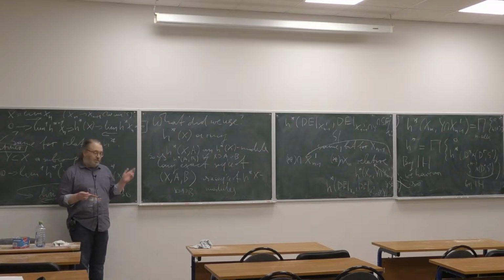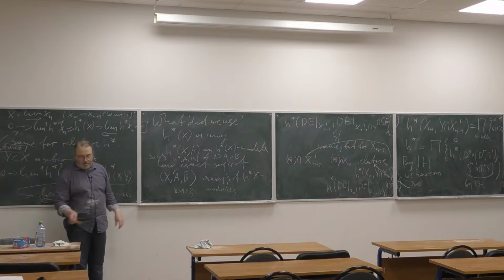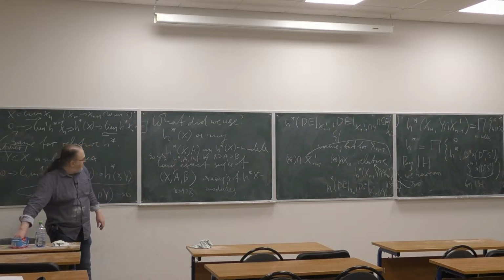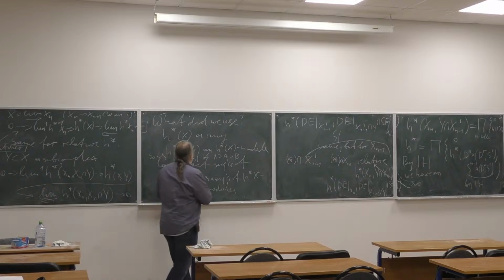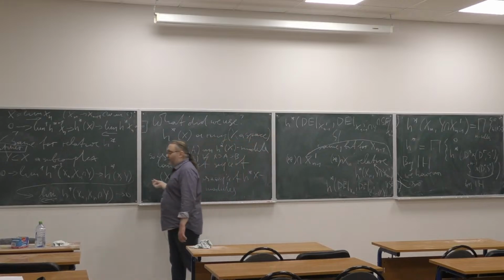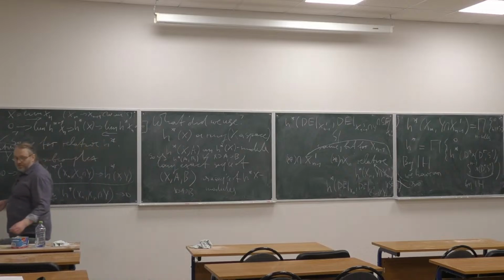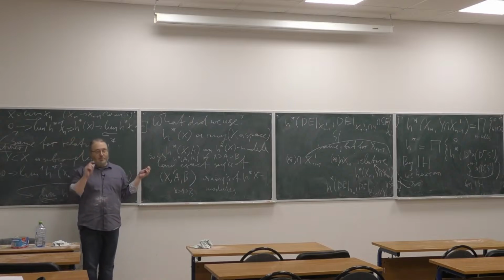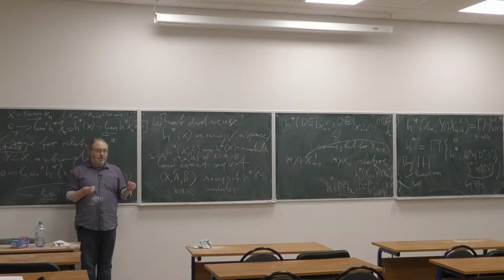And well, the last remark for today, it's important here that X is a space. If we have an arbitrary spectrum, then there is no natural ring structure on the cohomology of the spectrum with values in a multiplicative spectrum.